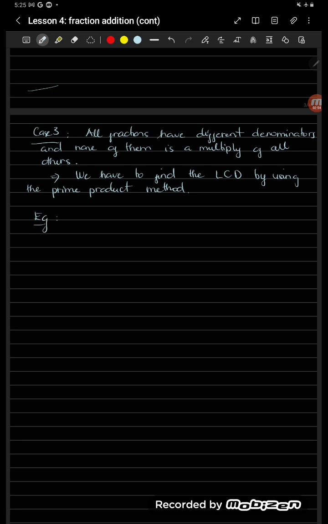We go from the simple example first. Let's say we have 1/2 plus 3/5. In this case, we can see those fractions do not have the same denominator, right? Because 2 is different from 5. And 2 and 5 are not multiples of each other: 2 cannot divide by 5, 5 cannot divide by 2.